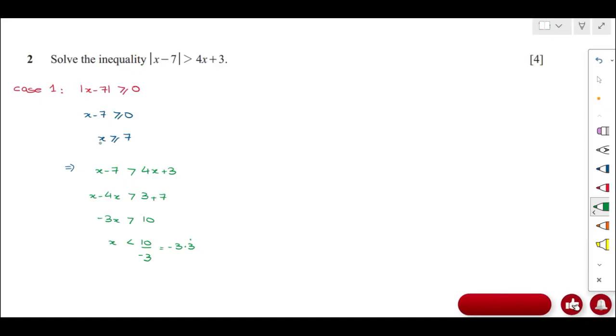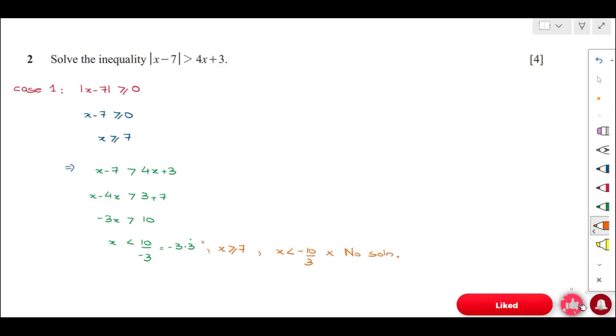And we have to find the range of x. The x should be 7 or more than 7. So here we can say x is greater than or equal to 7, and here we got x is less than minus 10 over 3. So we have no solution from here.